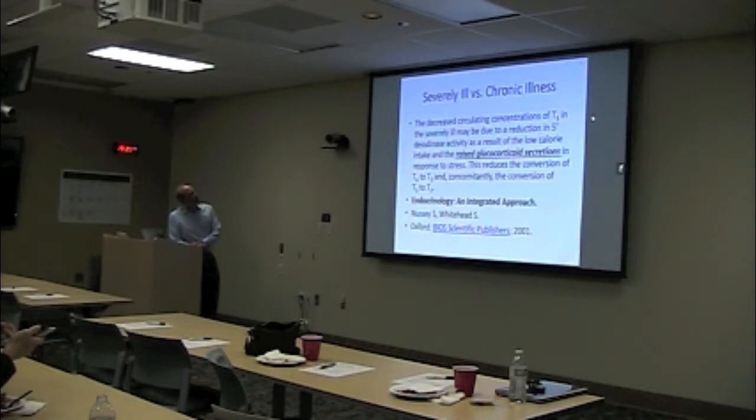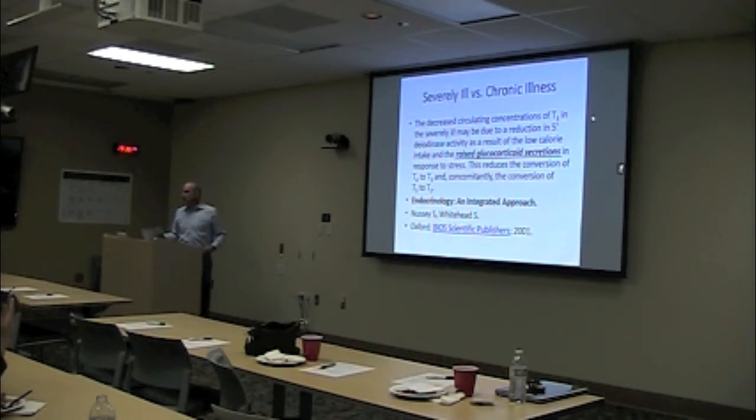Okay, so severe illness versus chronic illness. There's an article that talks about the decreased circulating concentrations of T3 in the severely ill, which may be due to reduction of deiodinase activity. That's the converting enzyme from T4 into T3, as a result of low calorie intake, again starvation, and raised glucocorticoid secretions in response to stress.